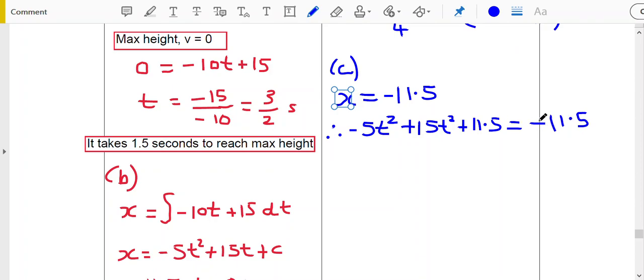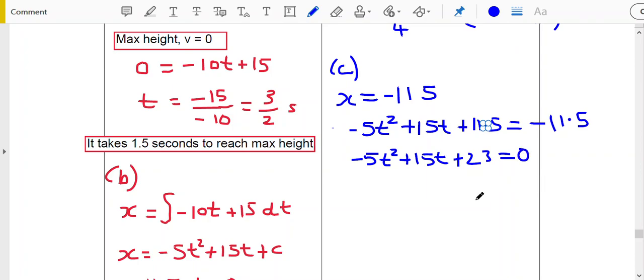So if I add 11.5 to both sides, I got negative 5t squared plus 15t, 11.5 plus 11.5 is 23, so that would be plus 23. When does that equal 0?